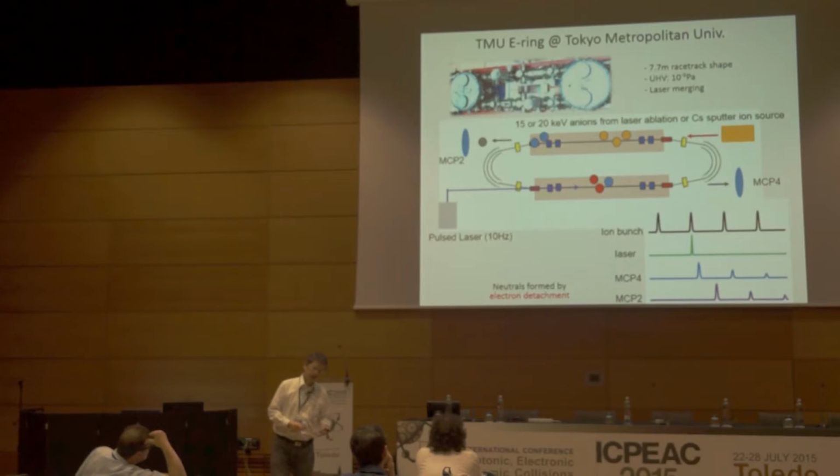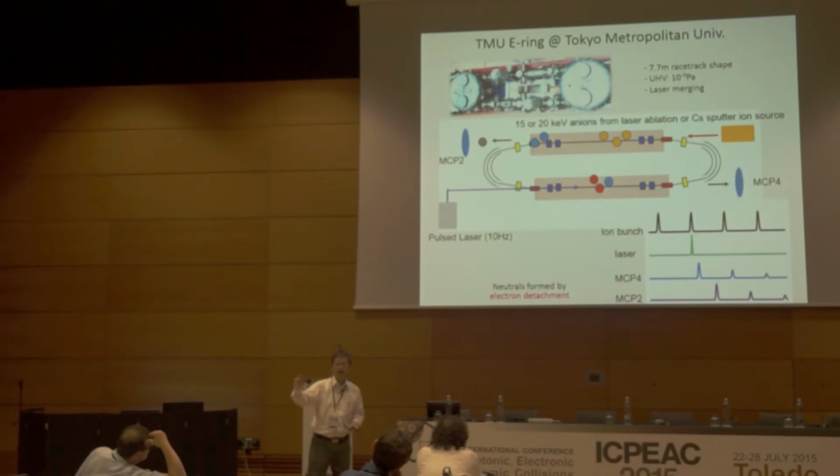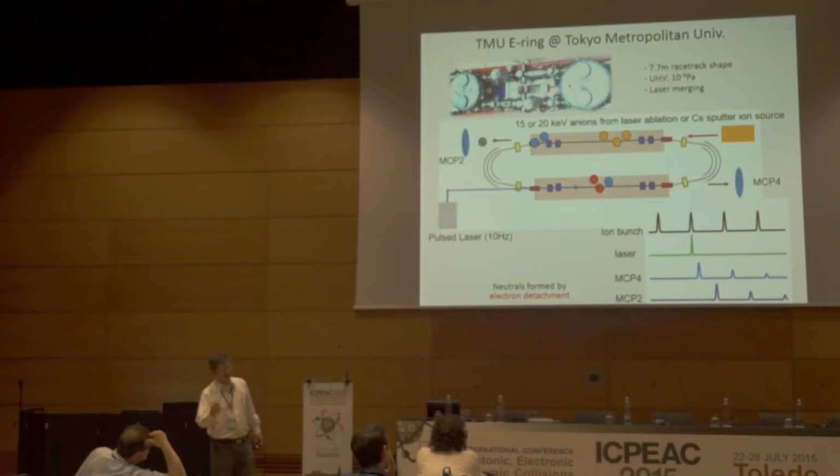So the ion bunch in the ring is something like this. With the proper timing, we shine the laser to excite the ions. This is the excitation, but in fact, this is the heating. And then we see the neutrals, the detachment product, using the microchannel plate here or here.